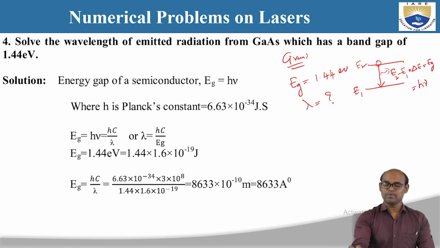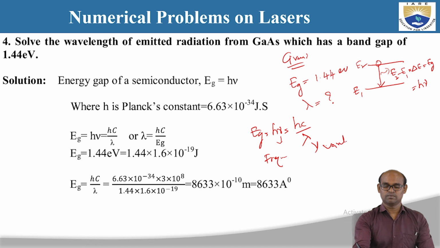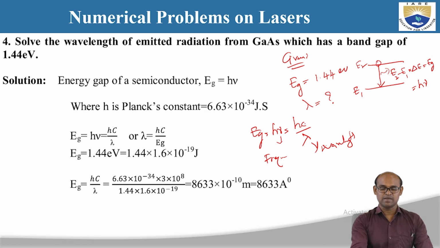So the energy gap Eg is nothing but h nu, where nu is the frequency. So energy gap is h nu, or hc by lambda, where lambda is wavelength, h is Planck's constant, and c is the velocity of light.